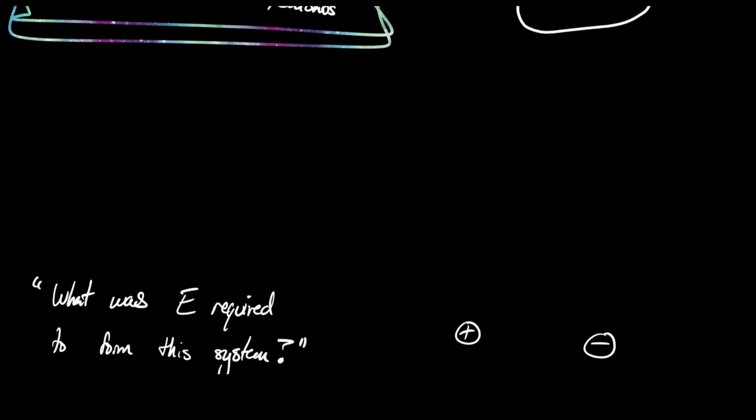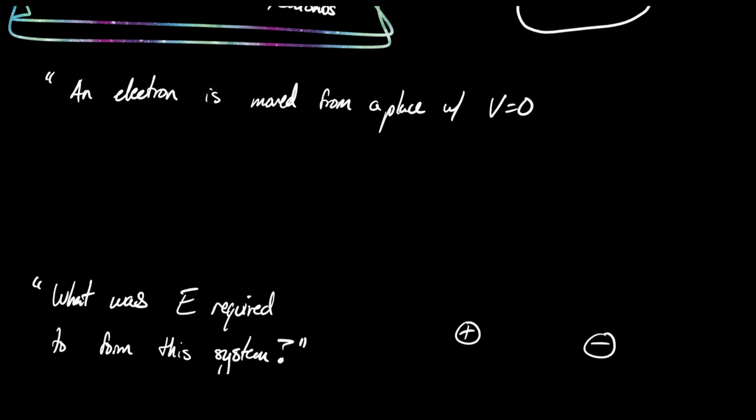So a quick example would be an electron is moved from a place with V equals 0 to a place where V equals 2 volts. Actually, this will be a really useful example.